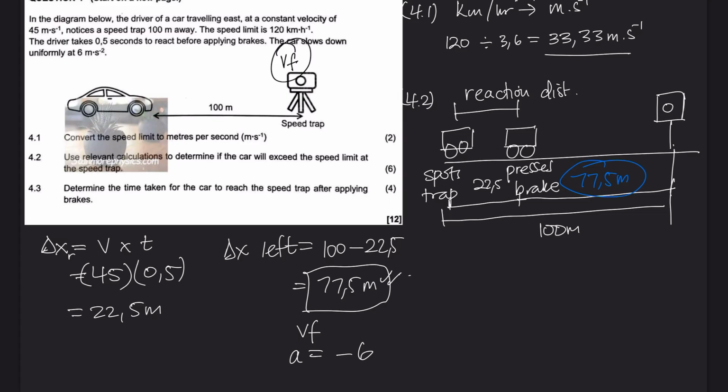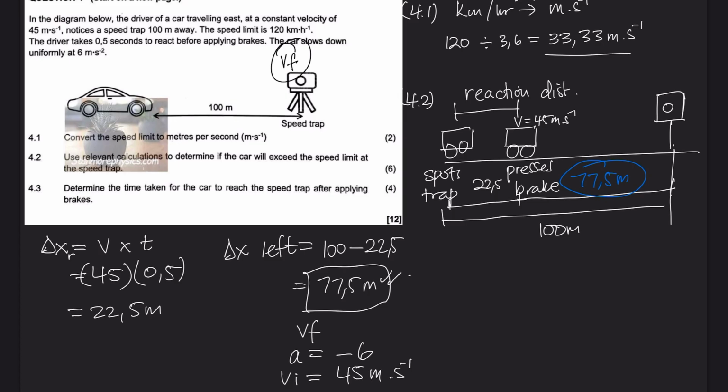Because if the acceleration is +6, it means that the velocity is going to increase. The car obviously wants to slow down, so the acceleration should be -6. Okay, so acceleration is -6. We know delta x, and we know the VI. We know that the velocity here is 45 meters per second.